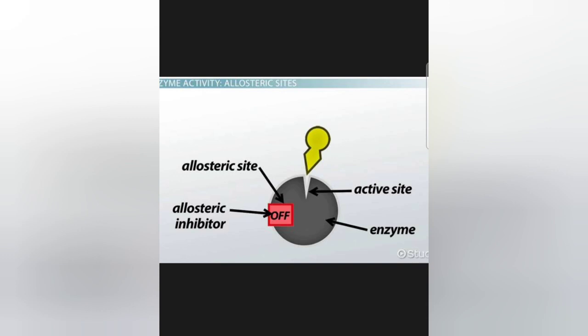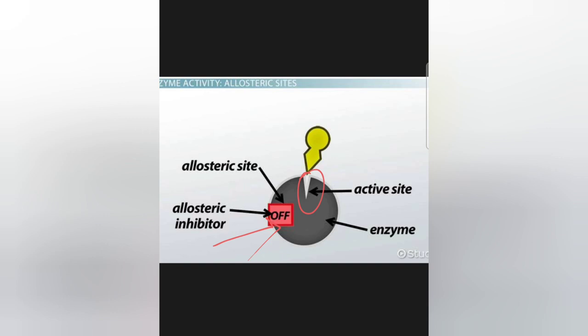So this is the same picture that I showed you in the last video. This is about the allosterism property of enzyme. To define allosterism, it is the property of that enzyme when an effector molecule, so what did I say the effector molecule was? It was any molecule that brought about any effect in the active site of the enzyme. So any molecule that binds in the allosteric site, here it is shown as an inhibitor, it can be an inducer molecule as well.